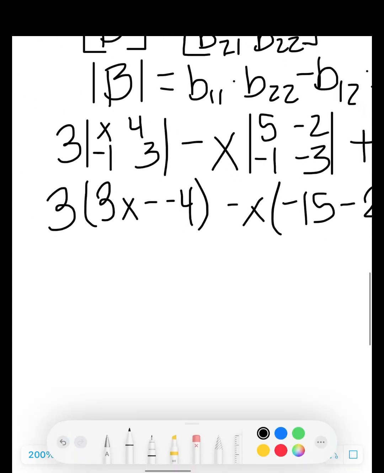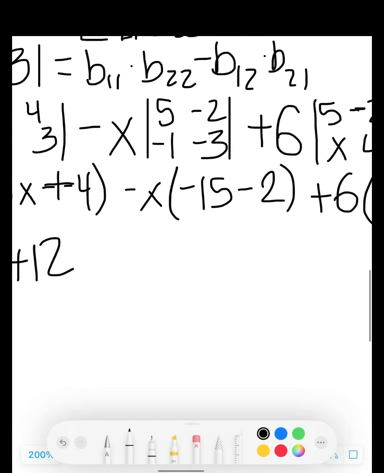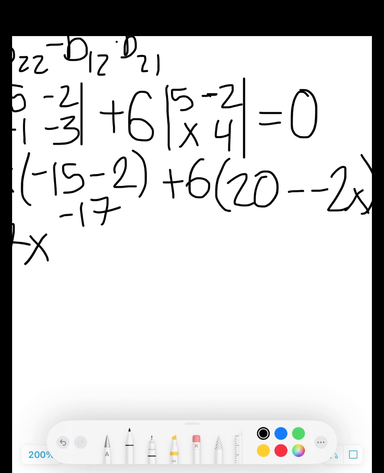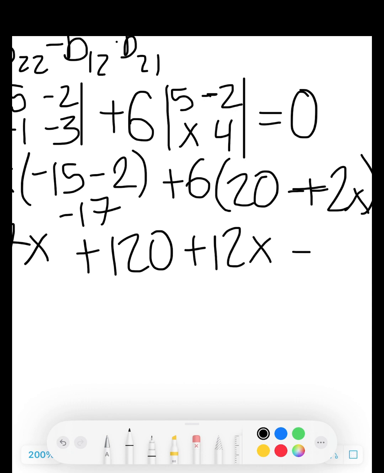So we know that 2 negatives makes 1 positive. So when I distribute here, I get 9x plus 12. We can go ahead and combine that to get negative 17. So this should be plus 17x. And this will give me 120. And again, 2 negatives make a positive, so we get plus 12x, all of that equal to 0.